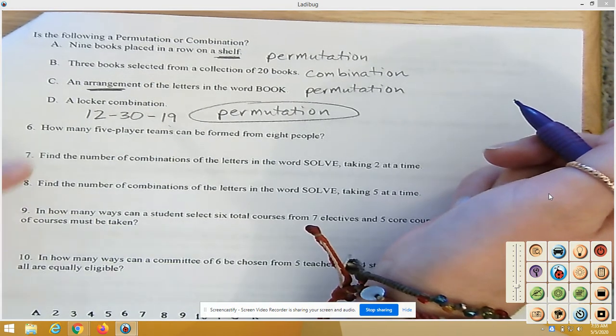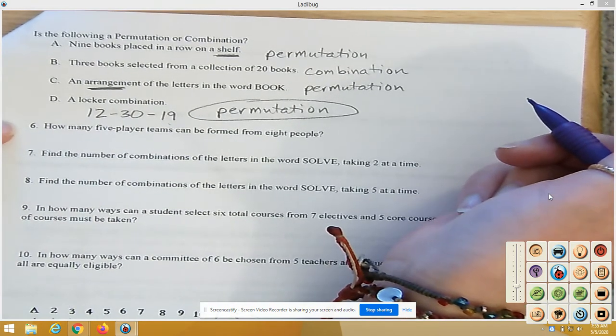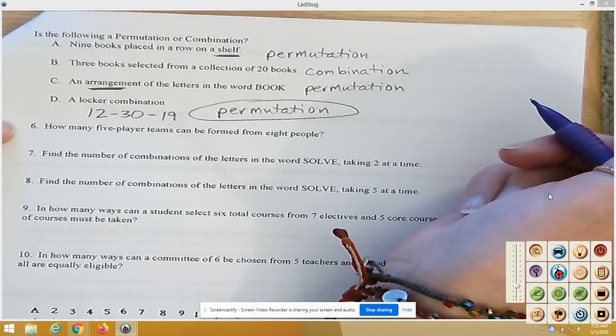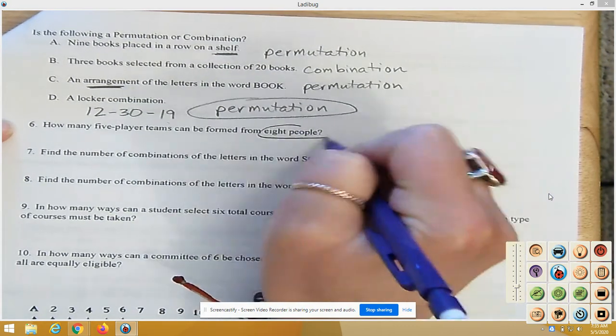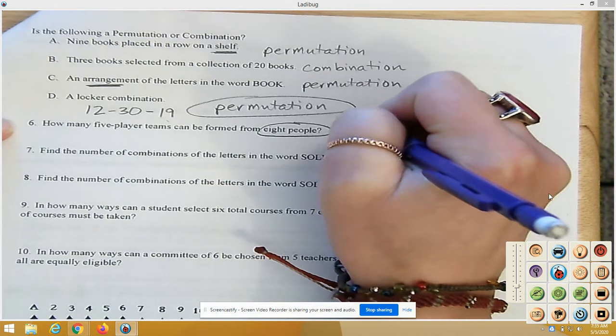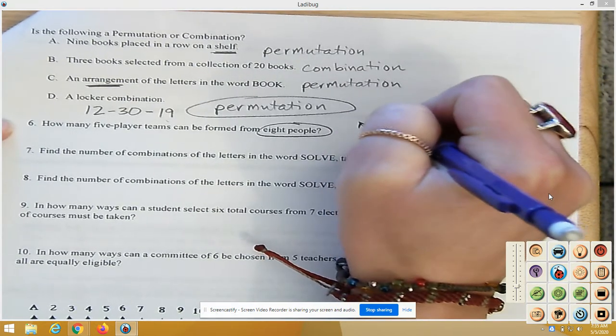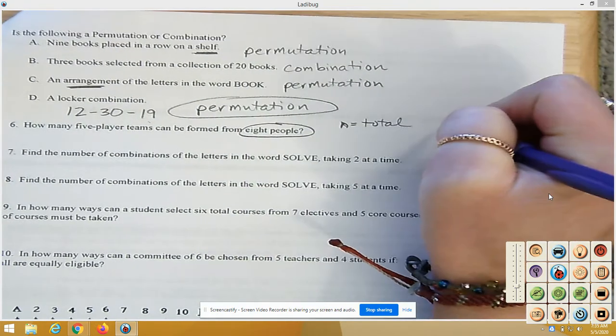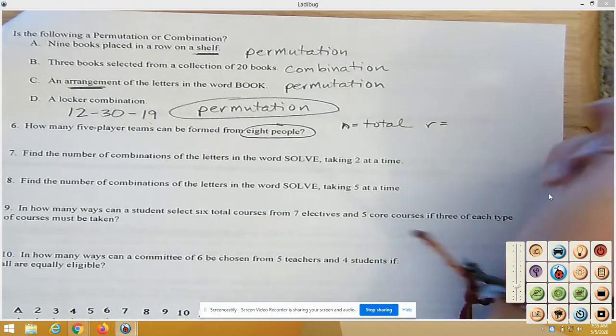All right, number 6. How many 5-player teams can be formed from 8 people? So the N that we were talking about in our formula is the total. So N equals the total. And then R is how many we want.